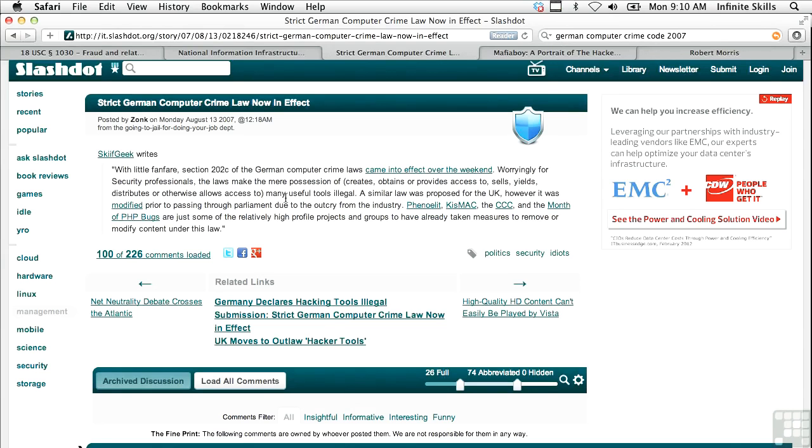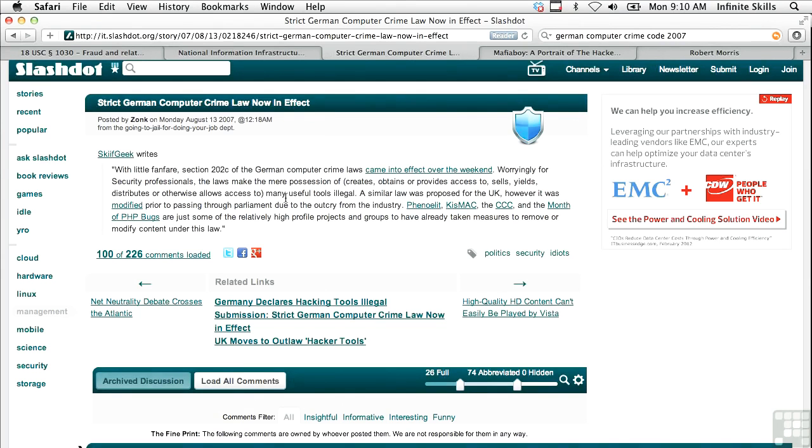So if you're doing work in Germany, just having these tools, and that includes creating tools that are like this, just having these tools in some fashion is illegal. You can see here on the Slashdot article, a similar law was proposed for the United Kingdom, but it was modified after outcry from the industry.